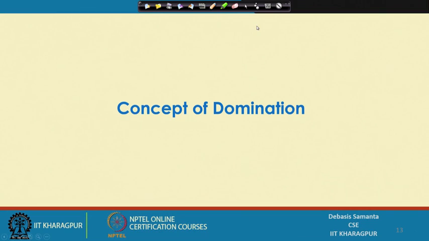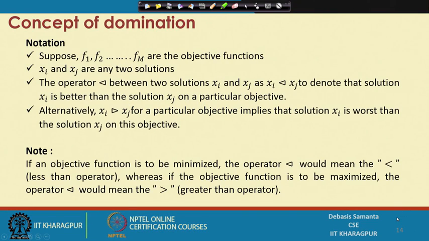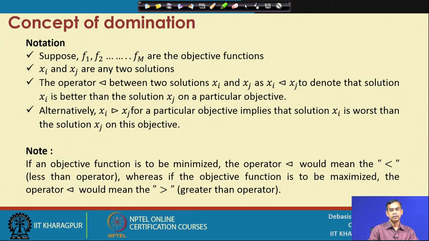Now, we will discuss another important concept, called the concept of domination. As I told you, there are some objective functions which are conflicting. Let us suppose there are M objective functions and there exist any two solutions, say xi and xj, in the search space.